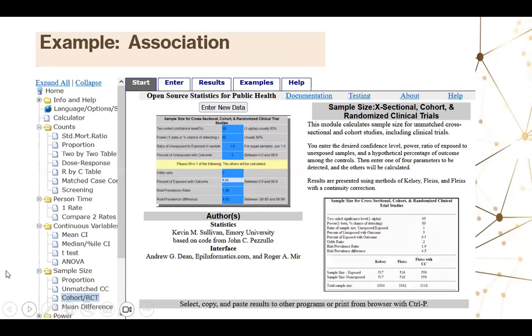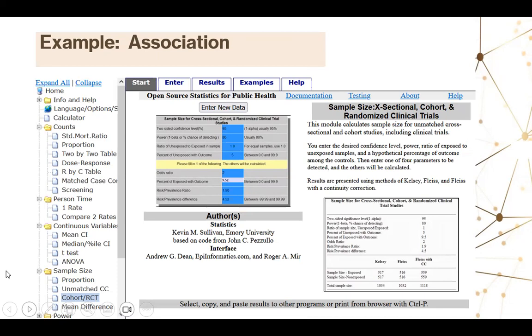For this one, I'm back to openepi.com using the choice of sample size for cross-sectional, cohort, and randomized controlled or randomized clinical trials. Because these studies are analytical, they compare groups or they look at the relationship of variables.